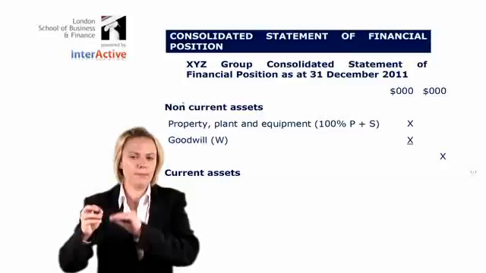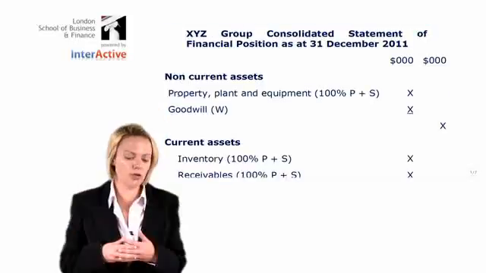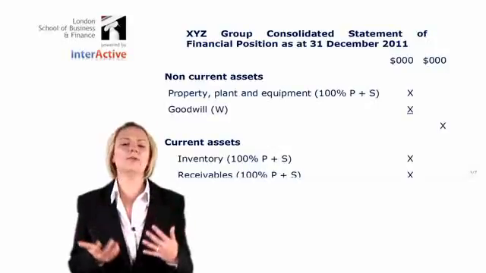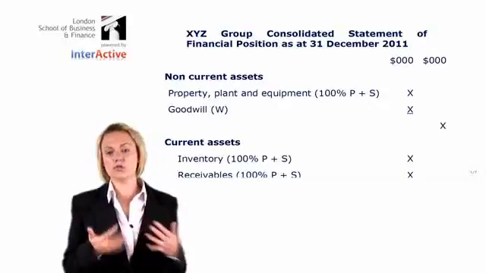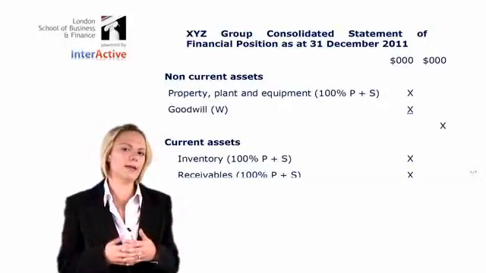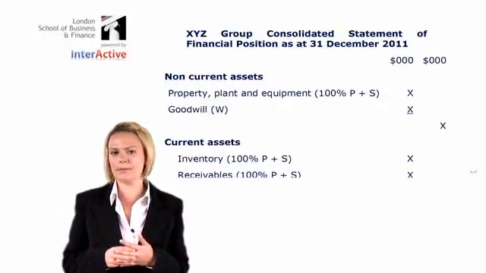So, can you see then that in your notes we have XYZ Group, Consolidated Statement of Financial Position as at the 31st of December 2011. So it would be the name of the parent company, Group, Consolidated Statement of Financial Position.